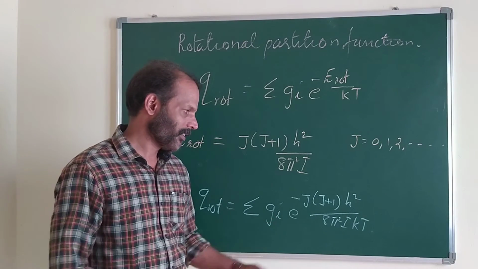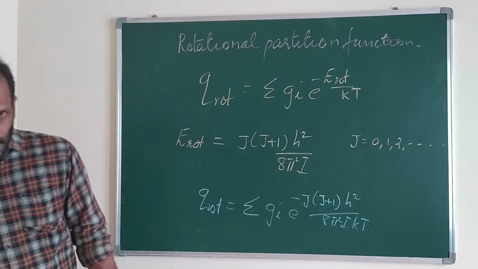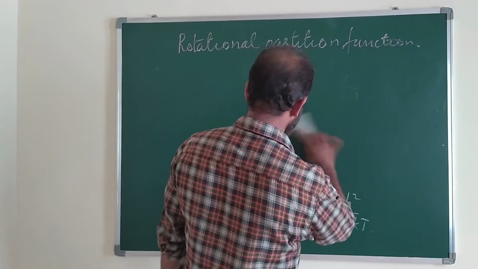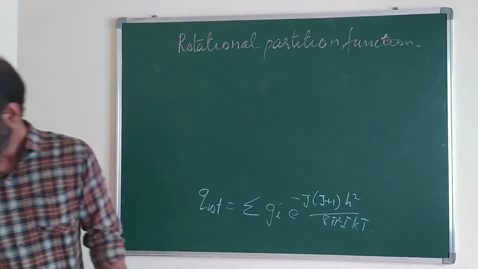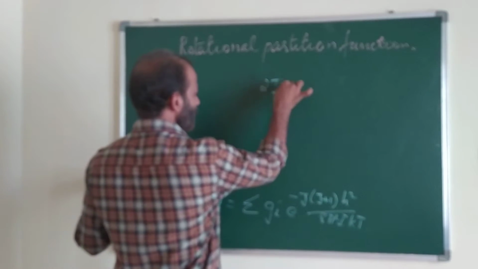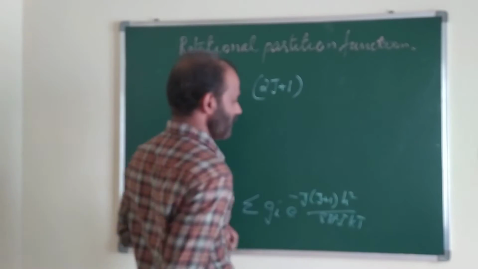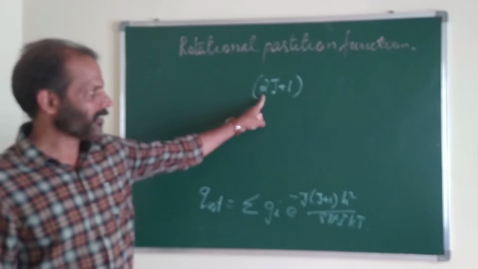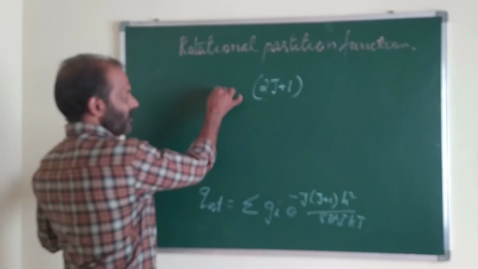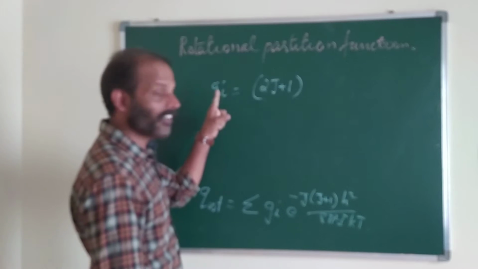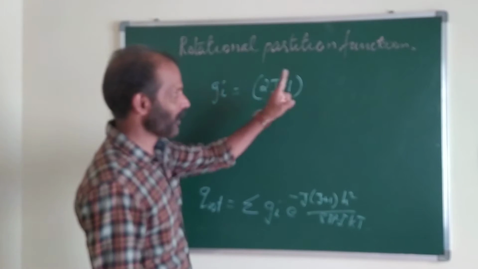That's the equation obtained. But from quantum mechanics, we know the degeneracy of a rotational energy level is 2J plus 1. That is, g_i is the statistical weight factor equal to 2J plus 1.